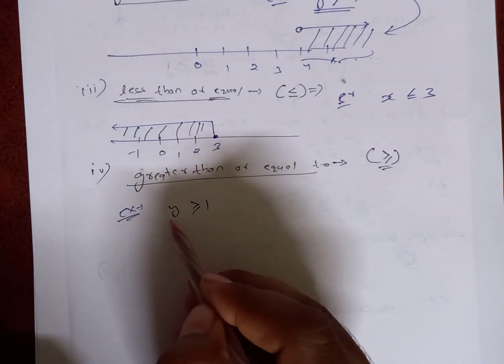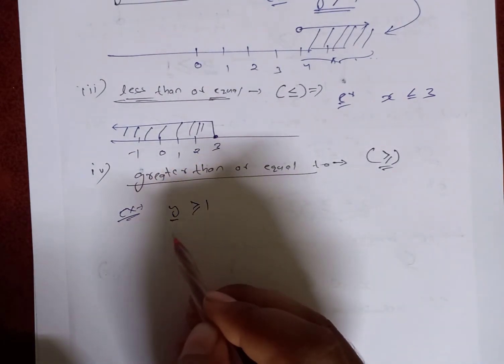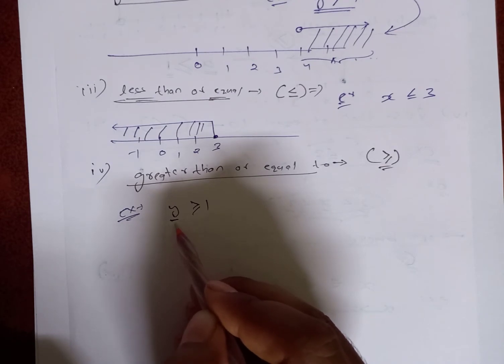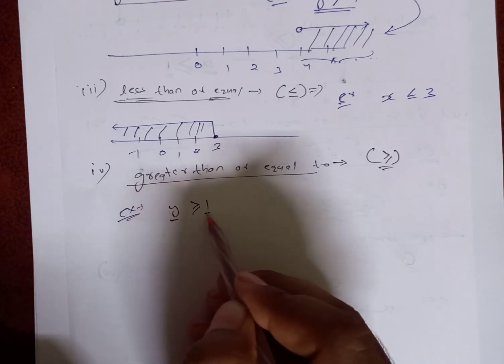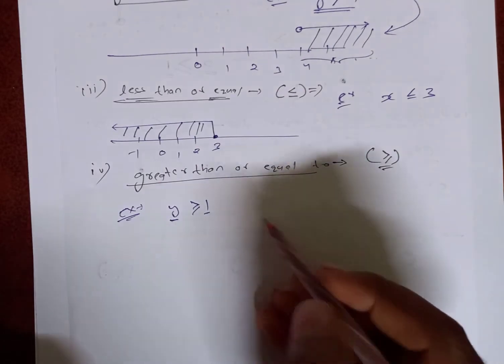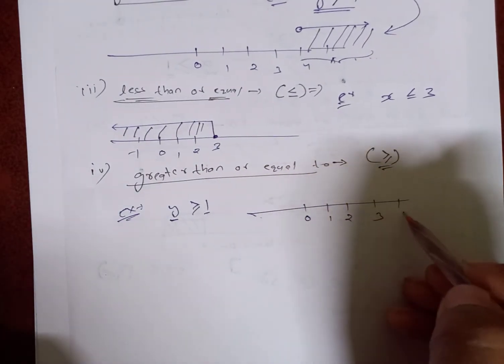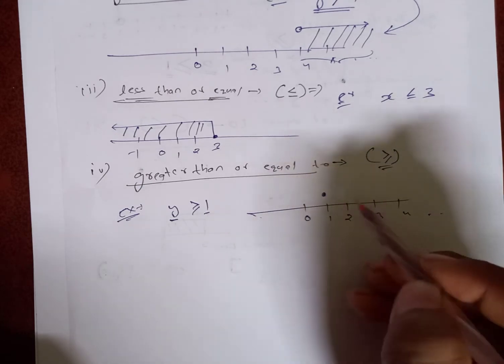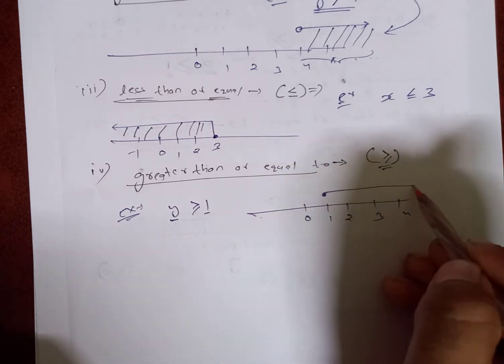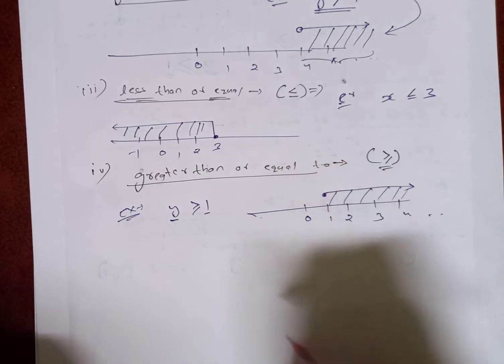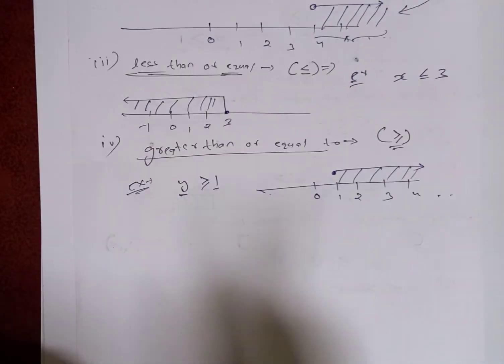This implies that the values of y will always be greater than 1, or it also can be equal to 1. On the number line, we can explain this as including 1 and greater than 1. These are the values which we require. I hope you understand, guys.